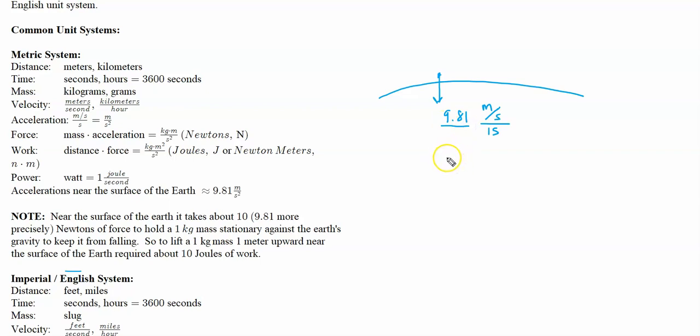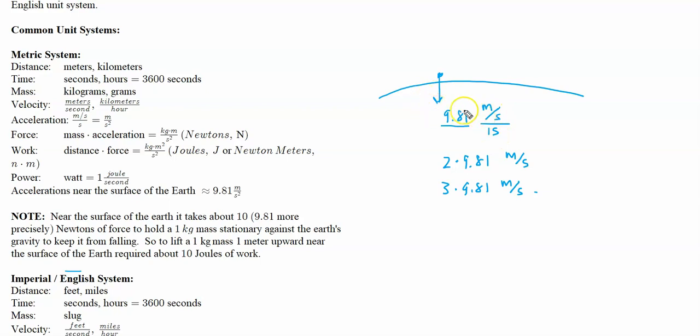So after 2 seconds, it will be traveling 2 times 9.81 meters per second. Then after 3 seconds, it will be traveling 3 times 9.81 meters per second. Okay, so that's what acceleration near the surface of the Earth means. If you drop an object, each second its velocity increases by 9.81 meters per second.